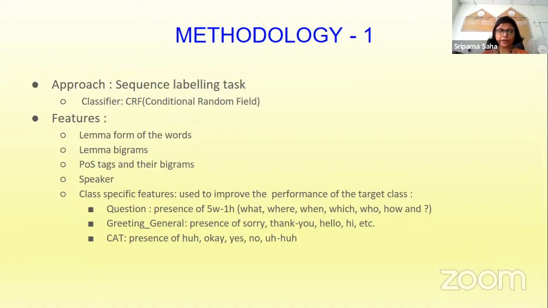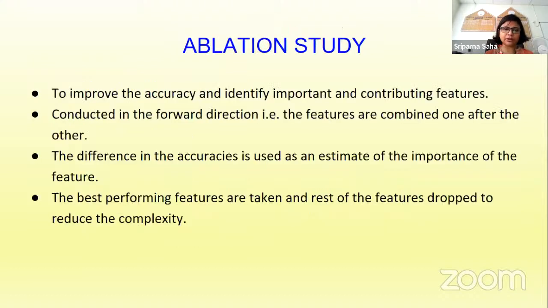We check whether the WH words are present, or it starts with how, or at the end there is a question mark, and accordingly there is a binary feature vector. For greeting also, we search for the presence of sorry, thank you, hello, hi, and if present, we make a binary feature vector. This way we generate some binary feature vectors.